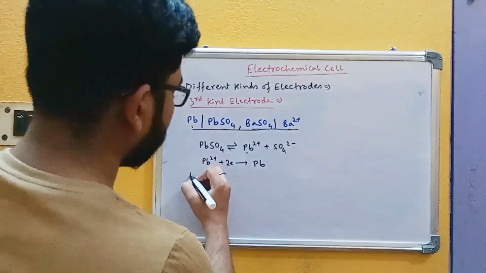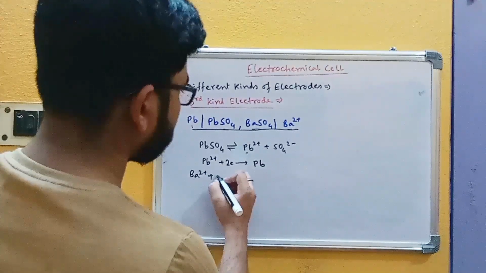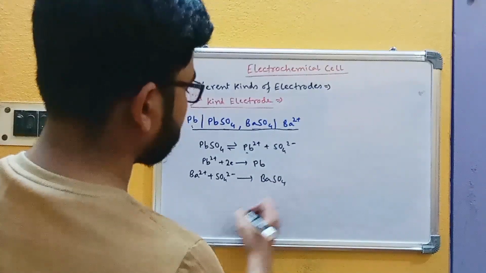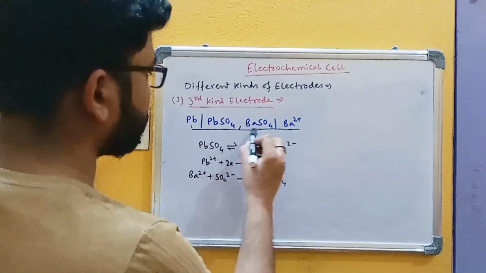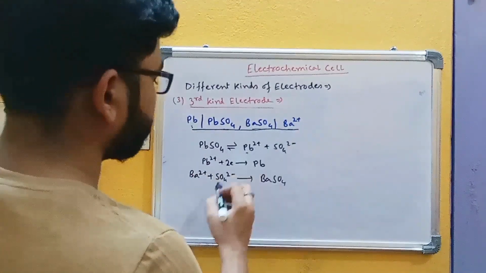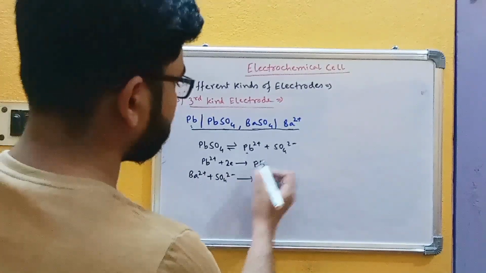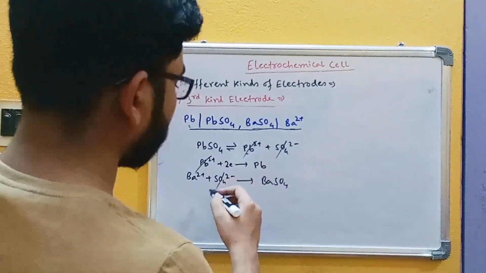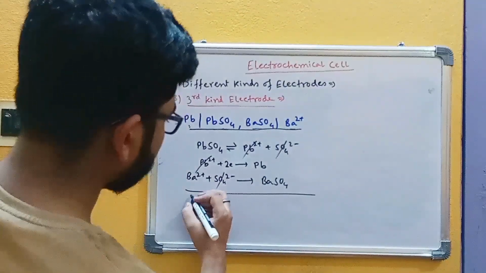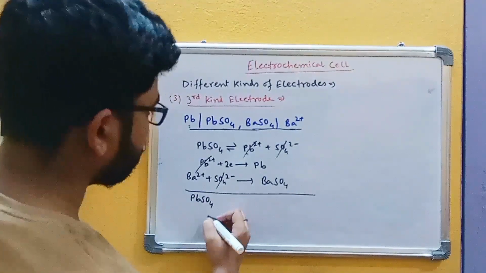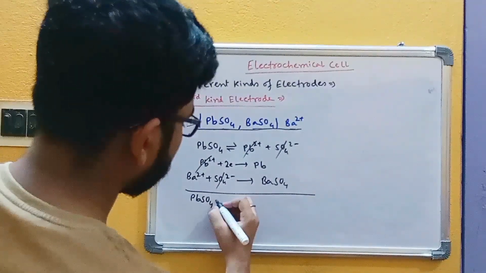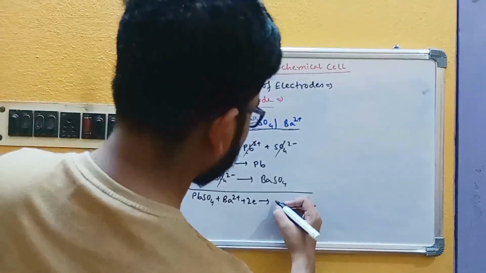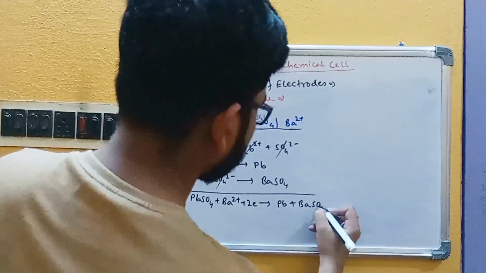Now Ba2 plus and sulfate gives BaSO4, because we have no sulfate, SO4 2 minus, separately in this representation, so we have to cancel out this sulfate, and this Pb2 plus cancels out, and we get PbSO4 plus Ba2 plus plus 2 electrons, and we get Pb plus BaSO4.